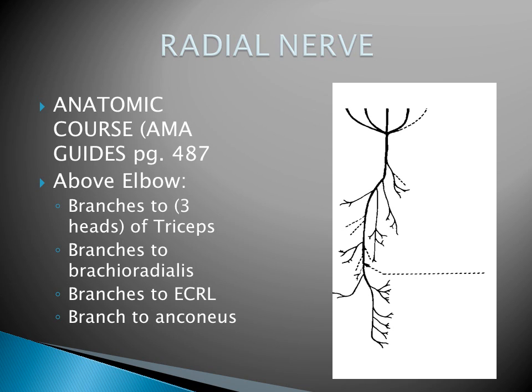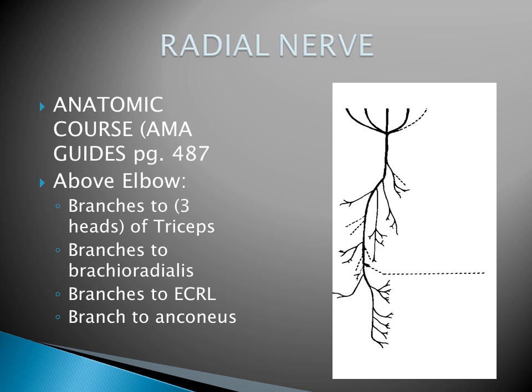So I find that interesting, and they repeat that model with all of the peripheral nerves, and we'll talk about the median and ulnar nerves here as we go. So the AMA guides describe branches coming off of the radial nerve. They describe 4 branches that come off of the radial nerve above the elbow.